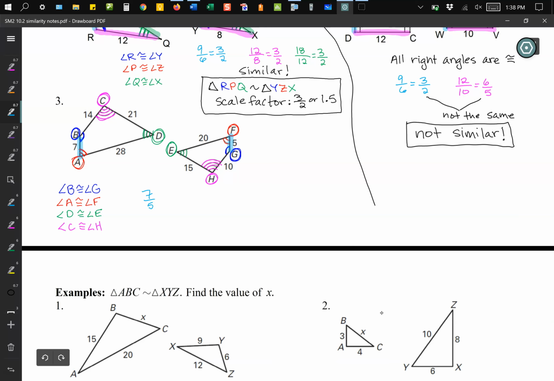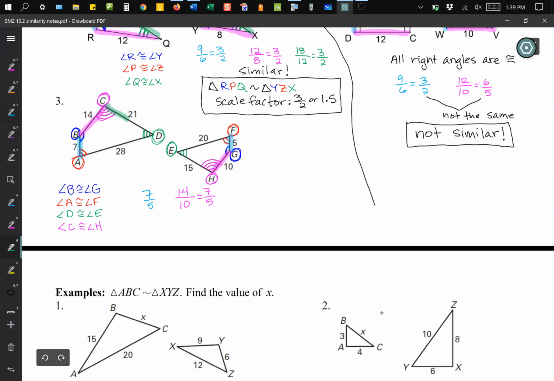That doesn't reduce, so I'll leave that how it is. I have the next longest, 14, over the next longest, 10. Those can both be divided by 2, and that gives me 7 over 5. Okay, so far so good.